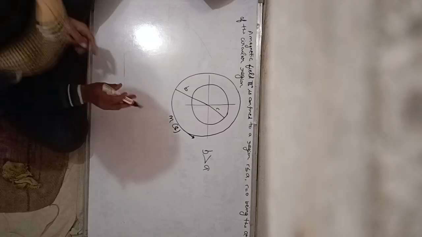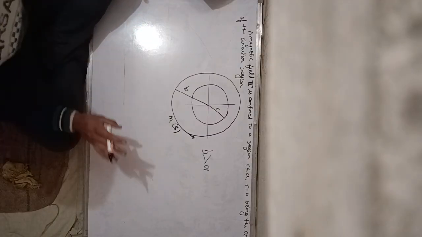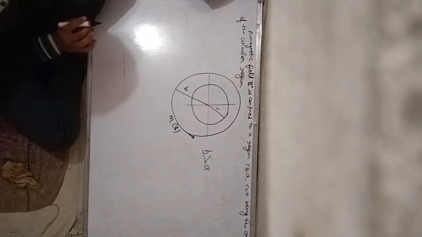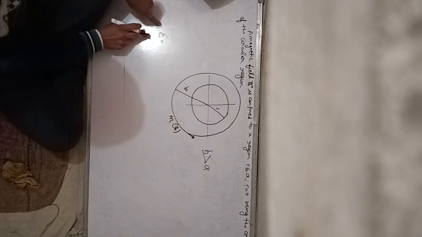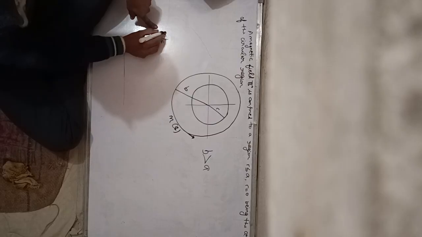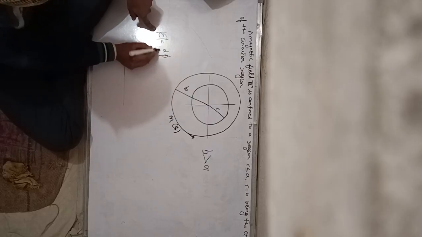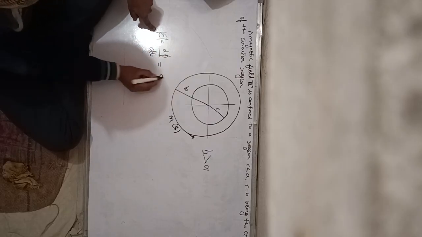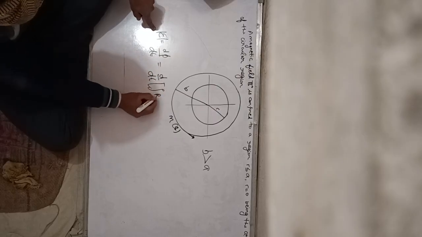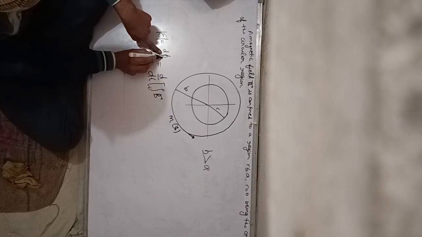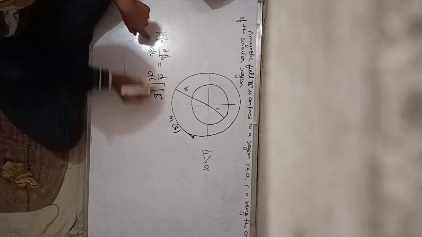Now we have to derive what the angular velocity will be. First of all, we have to find out the induced EMF, and we know that the magnitude of induced EMF is d phi by dt, that is d by dt of the integral of B vector dot dA vector, because this is not electric flux, this is magnetic flux.